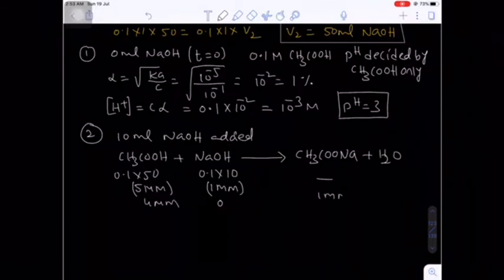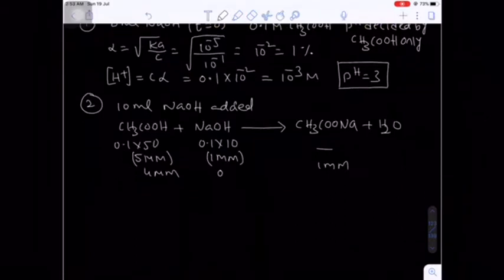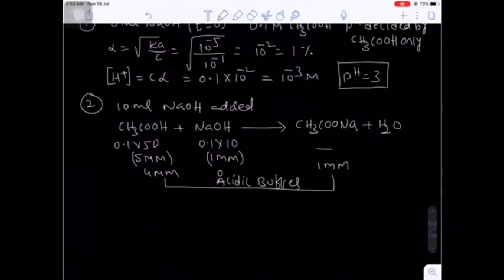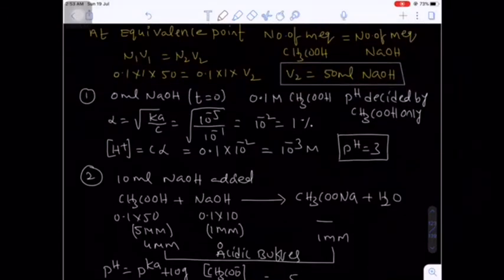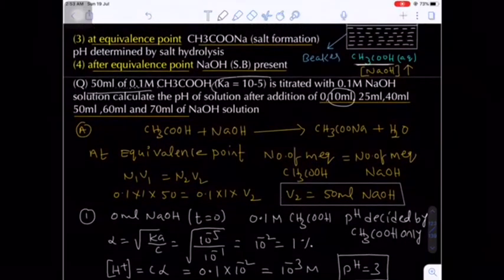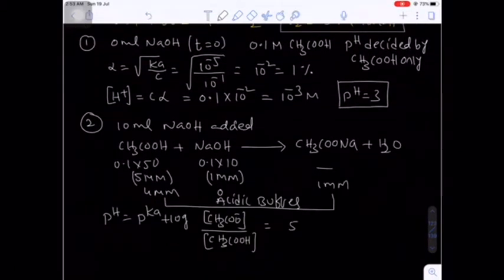Now here NaOH is the limiting reagent, which is completely consumed. Acetic acid will be left at 4 millimoles and 1 millimole of the salt will be formed. Yes or no? This is the first case, that is the buffer. Which buffer? Acidic buffer. It is a mixture of weak acid and its conjugate base. How to find the pH of a buffer? pH is equal to pKa plus log of salt concentration, that is the acetate ion concentration, upon acid concentration, that is the acetic acid.